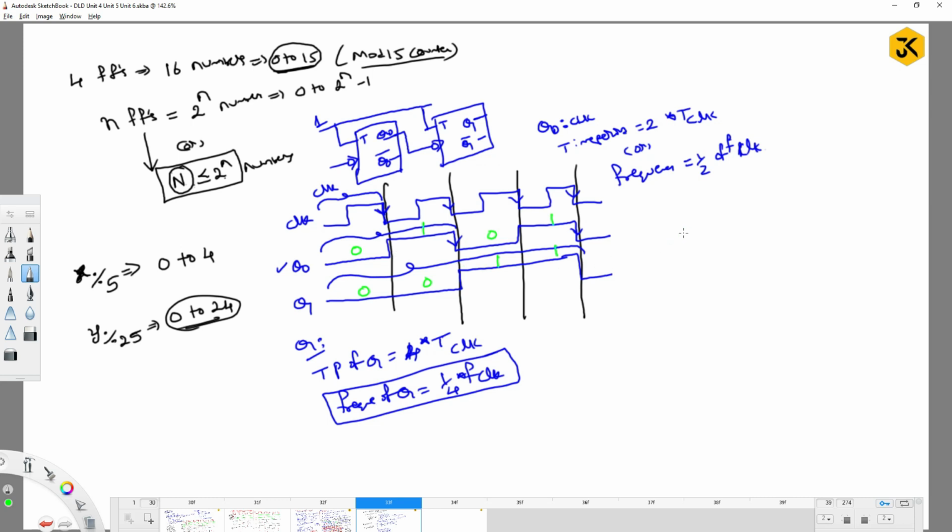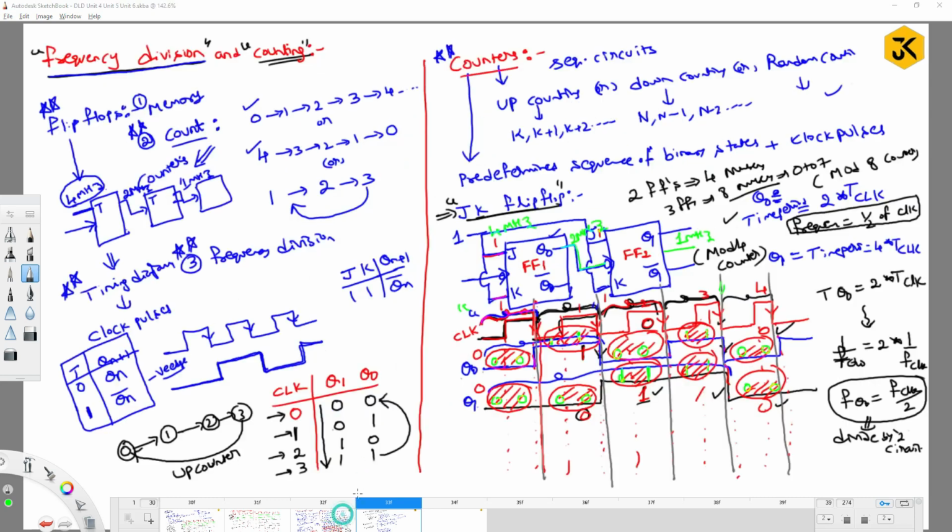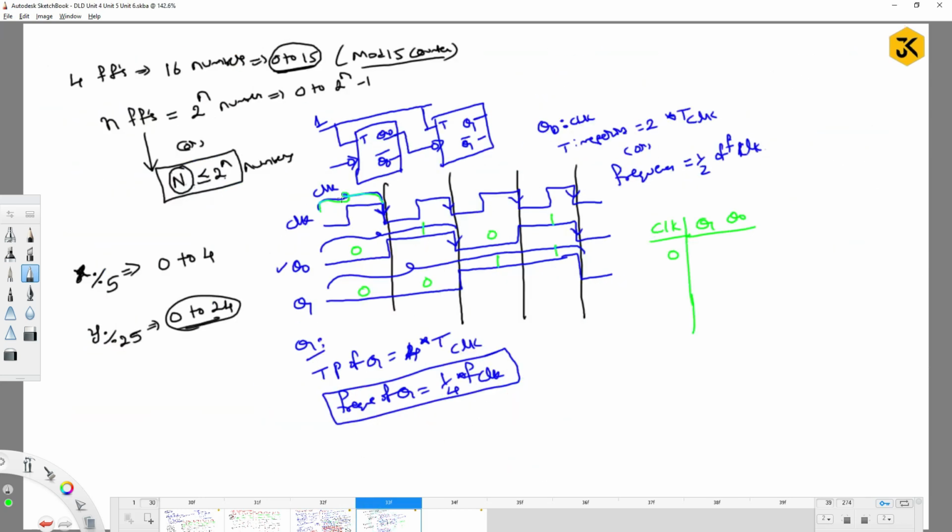Guys, at the clock, Q1, Q0, at the clock 0, see, the earlier diagram is somewhat clumsy. Now here, at the clock 0, what might be the Q1? Q1 is 0, Q0 is 0. At the clock 2, Q1 is 0, Q0 is 1.